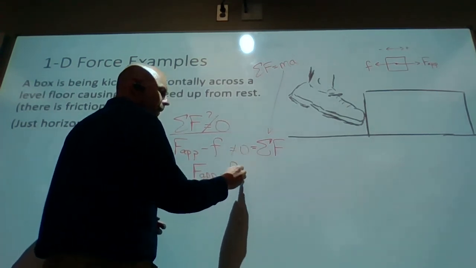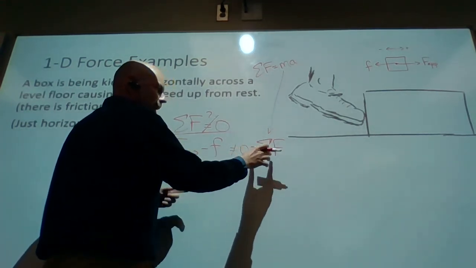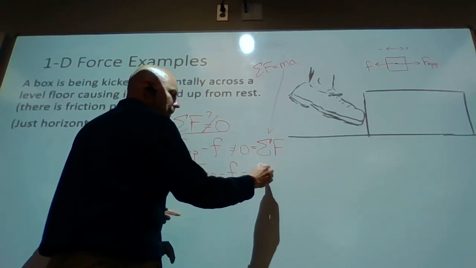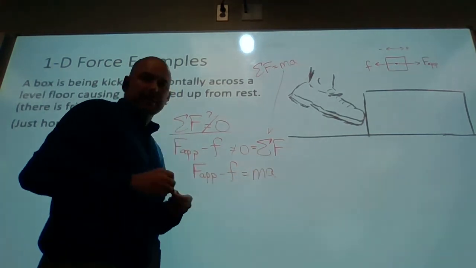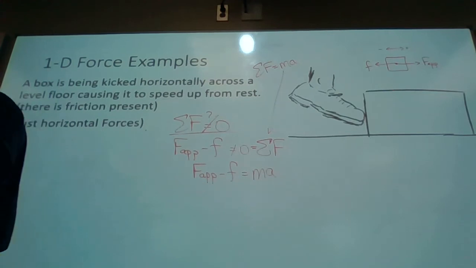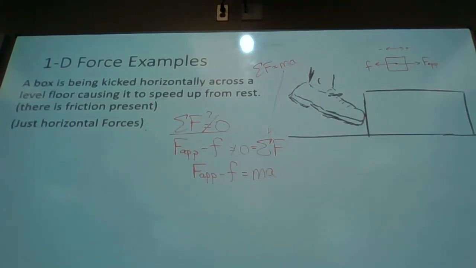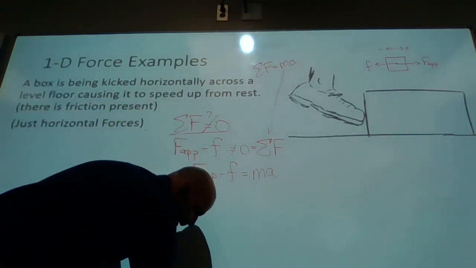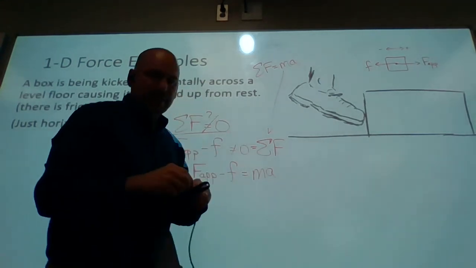I can jump straight away to here. So instead of it saying net force, I can just say it is equal to mass times acceleration. Cool with that? Okay. And there, that is my setup.